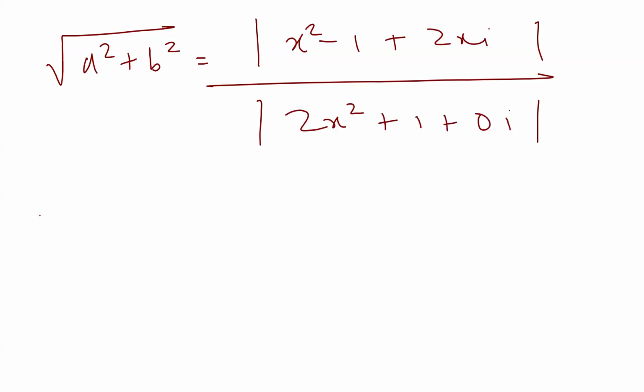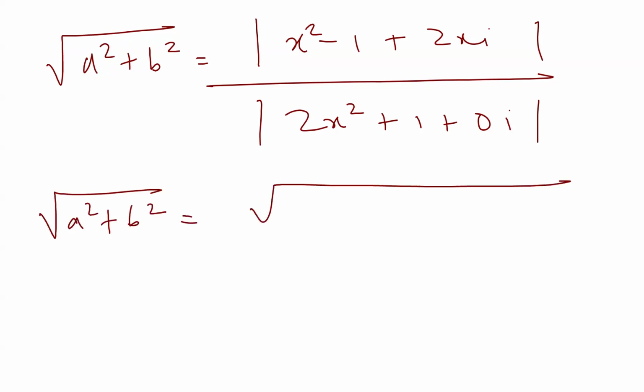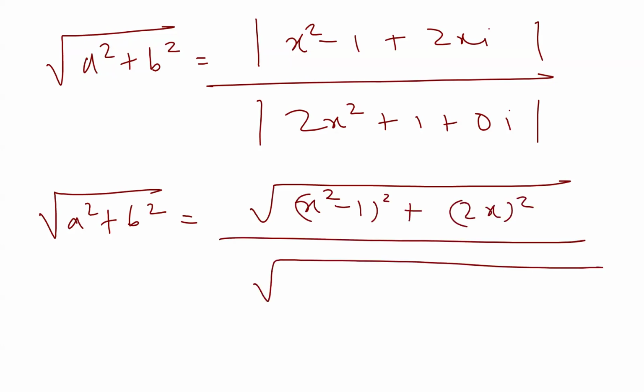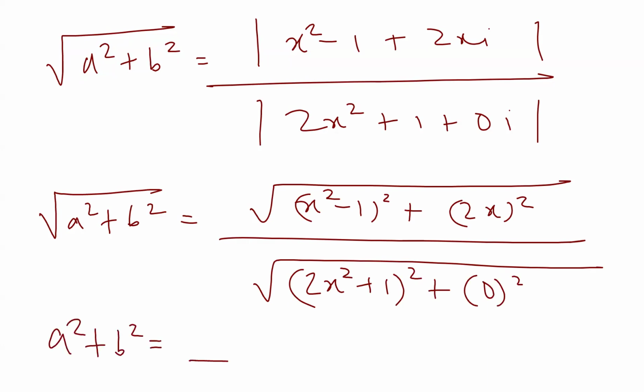Okay. So root of a square plus b square is equal to root of real part square plus imaginary part square upon root of real part square plus imaginary part square. Okay. Now squaring both the sides, all the roots will get eliminated. So this will be a square plus b square upon (2x square plus 1) the whole square.